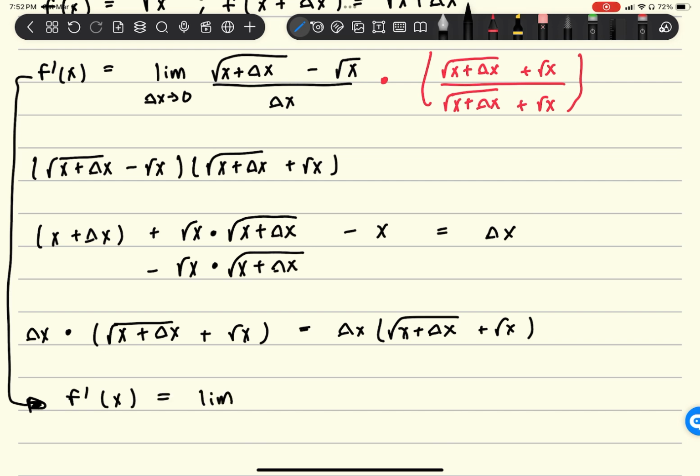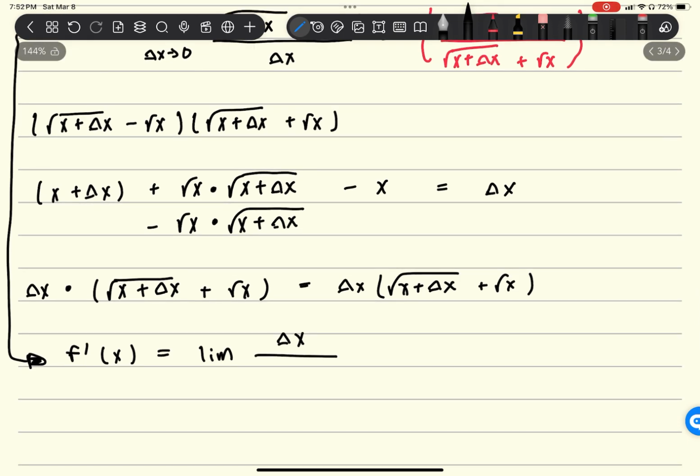Now, in our numerator, the entire thing simplified to delta x. And in the denominator, we have delta x times the root of x plus delta x plus this root of x. Right? And the limit as delta x approaches 0.